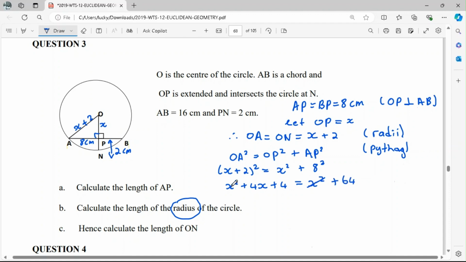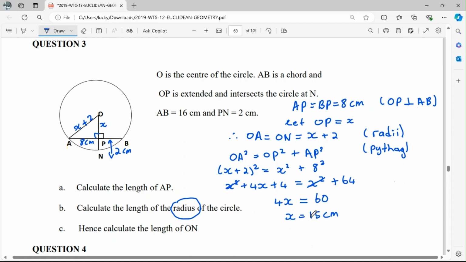The x squared cancel out, additive inverses there, and then you have 4x is the same as 64 minus 4, which is 60. You divide by 4 both sides and you get x is equals to 15 centimeters.